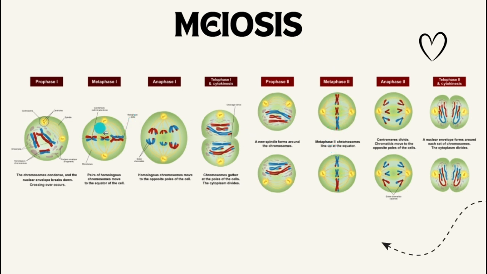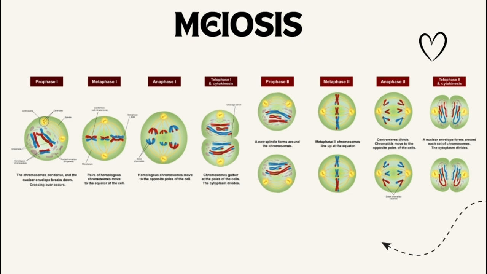They line up differently. Also, the next thing we need to mention is that we don't just have two chromatids joined together by a centromere forming one chromosome. What we have going on is homologous chromosomes in the nucleus. These homologous chromosomes can only be found in meiosis. You cannot find them in mitosis.